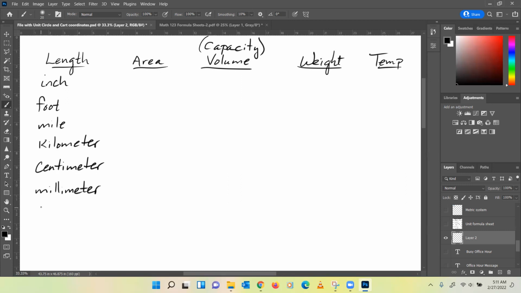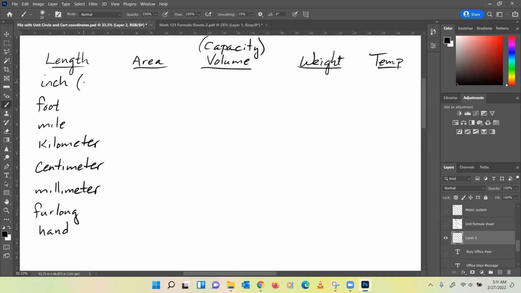Occasionally, I will hear furlong, which is not too common. It seems to show up most often in horse racing at this point. Speaking of horses, hands. That's a way to measure a length. It's about 4 inches, but they measure the height of a horse in hands.